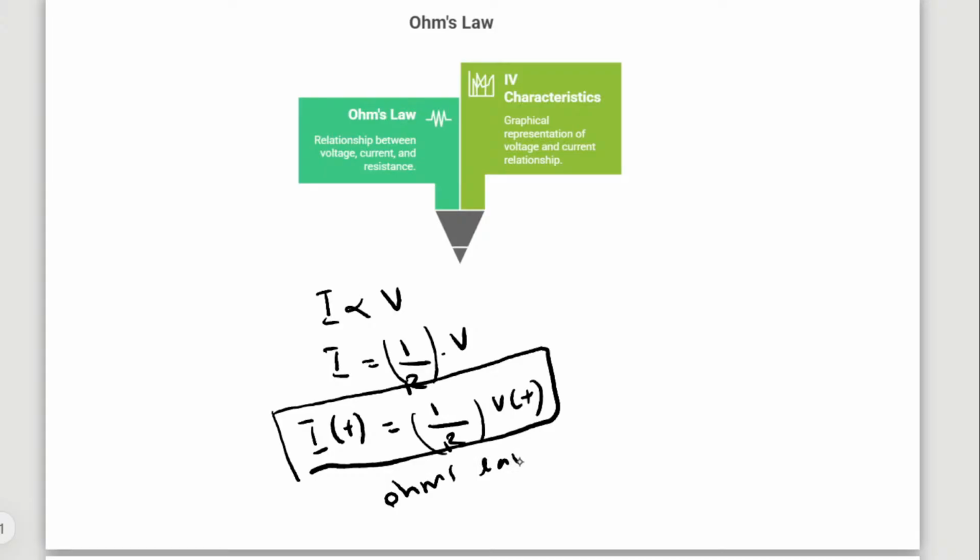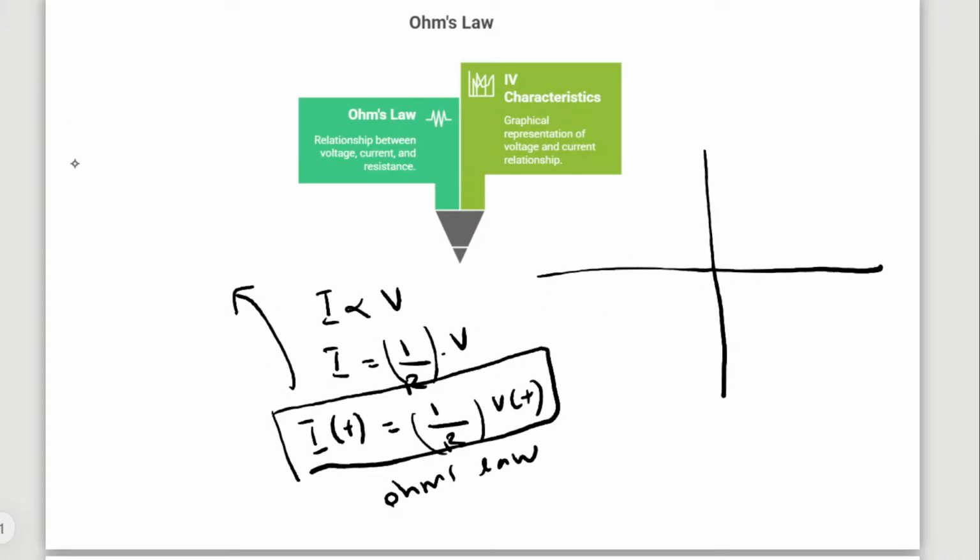Let me consider the VI curve of this Ohm's law. This equation is nothing but a straight line, y equal to mx. Here m is 1 by R. On the x-axis I will write V, and on the y-axis I will write I. So the VI curve will have I here and V here.